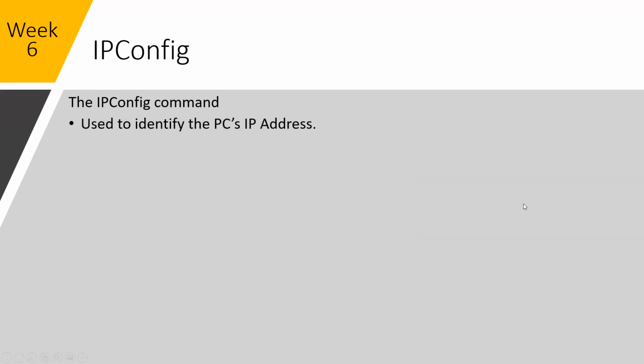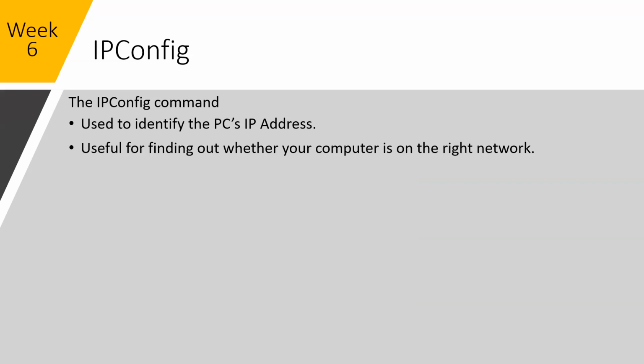The ipconfig command is used to identify the specific computer's IP address. So it's useful for finding out whether your computer is on the right network. Capitals don't matter. This is common syntax for the command prompt: ipconfig space slash question mark.